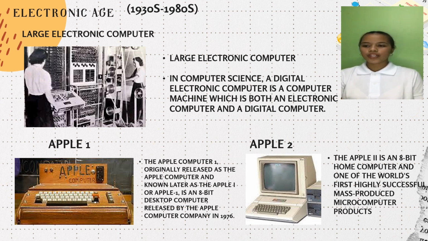Apple I. The Apple I, originally released as the Apple Computer, is an 8-bit desktop computer released by the Apple Computer Company in 1976. Apple II. The Apple II is an 8-bit home computer and one of the world's first highly successful mass-produced microcomputer products.